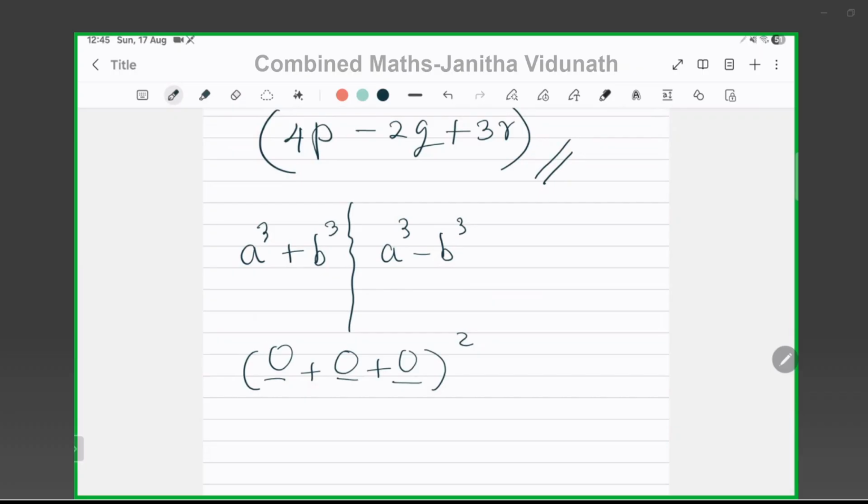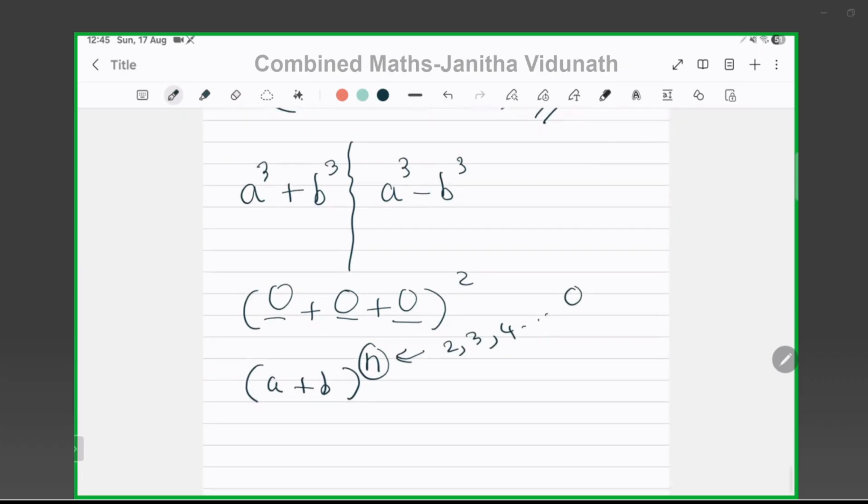Afterwards, we need to learn binomial expansion, that means the expansion of a plus b to the power n. N would be 2, 3, 4, or any number. Afterwards, we will start our first lesson of A level combined maths. That is the first lesson we need to learn in grade 2.